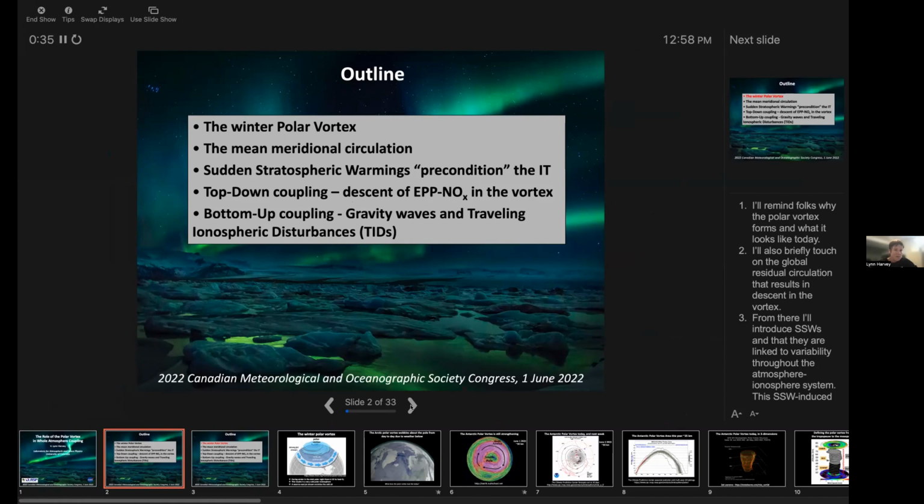From there, I'll introduce sudden stratospheric warmings and mention that they're linked to variability throughout the atmosphere-ionosphere system. I'll then give an example of how the vortex couples the sun-Earth system from the top down via the descent of energetic particle precipitation produced nitrogen oxides. And then I'll give an example of how the vortex couples the atmosphere-ionosphere system from the bottom up via the generation and modulation of gravity waves.